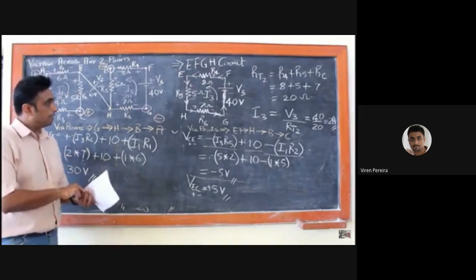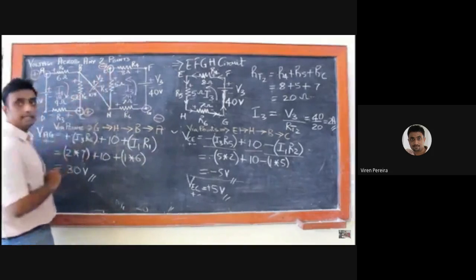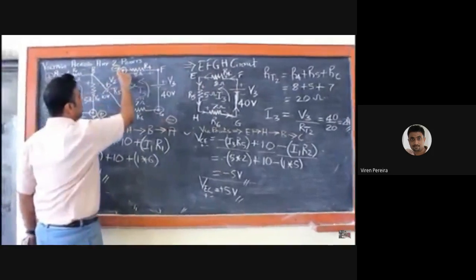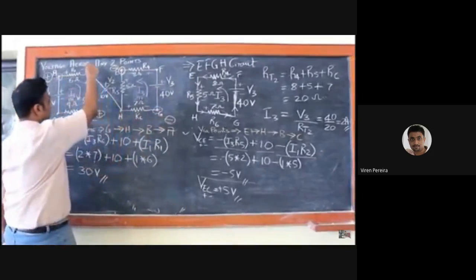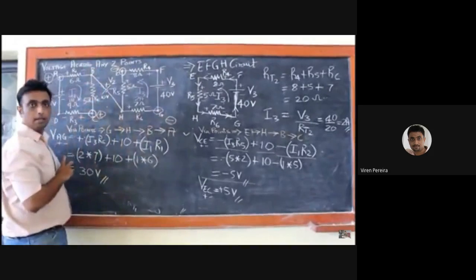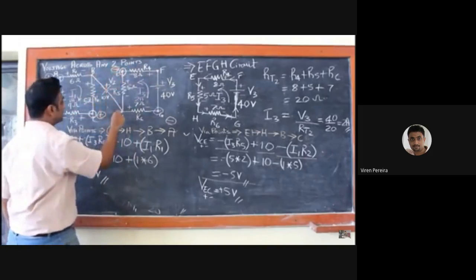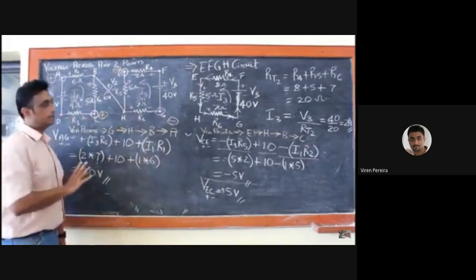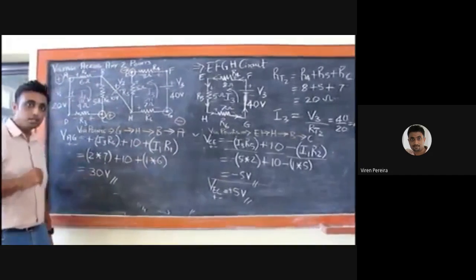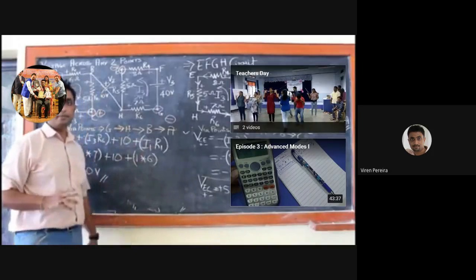Even your wire points, VCE, which I told you, if you're finding out the voltage between B, C, you can even go across E to F, F to G, G to H, H to D, and B to C. Even across this point, you will get the same. Even across E to H, H to D, and B to C, also you will get the same answer, that is minus 5 volts. So this you can try and you can get the same value.